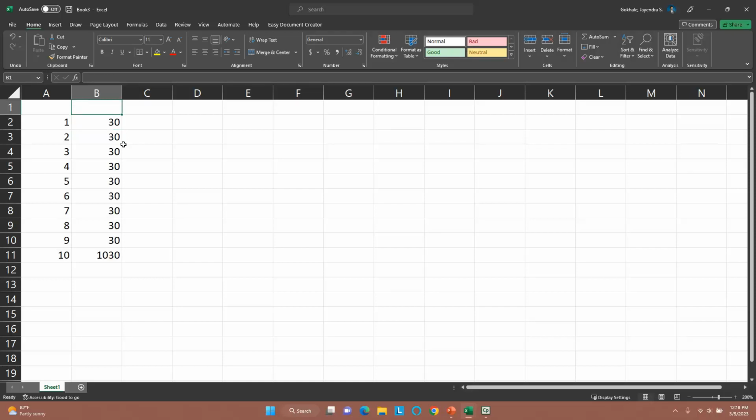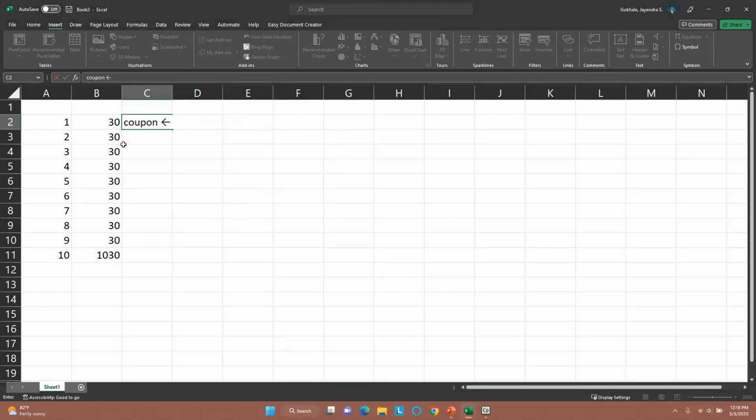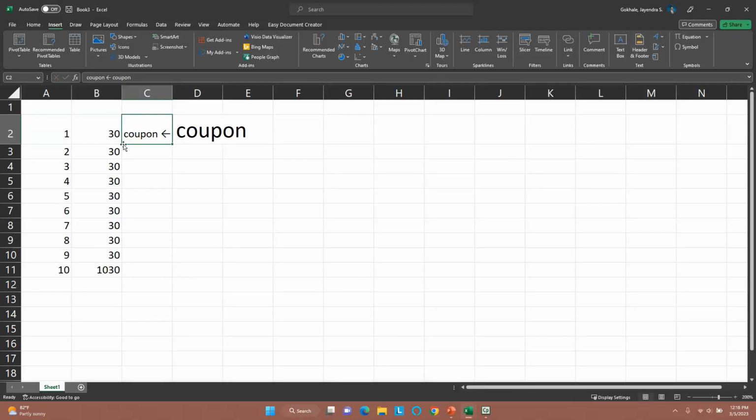So these are all coupon payments. Let's just write them down. Coupon payments. We should have said coupon afterwards, not before. Coupon. Make it smaller.